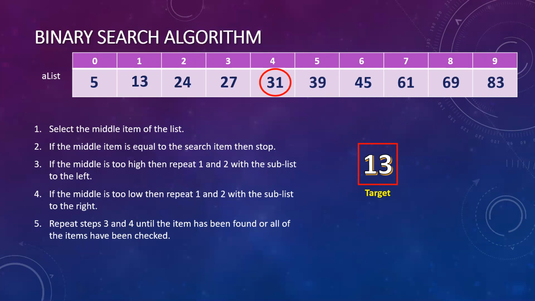The middle point is too high from the target item. That is why it will try to find the data from the middle point to the left side. That means from 0 to 4, it will take as a sublist.